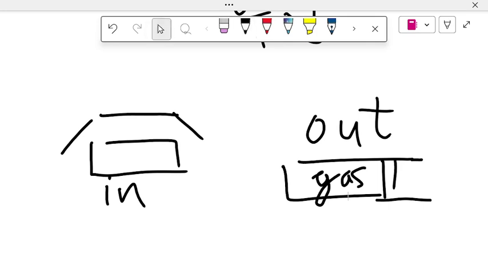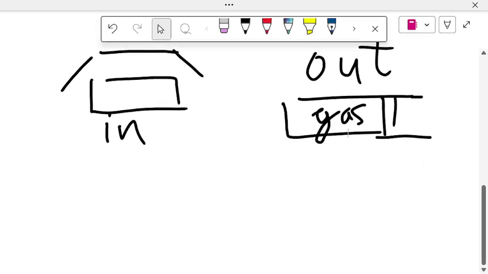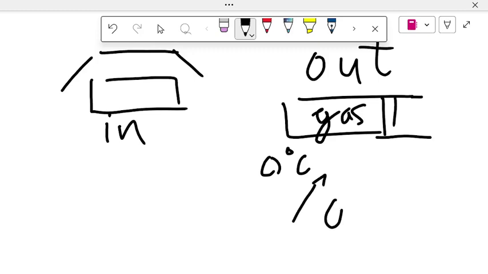In that situation, the gas, let's say, has 0 degrees Celsius, takes heat, let's say low heat, and increases temperature to 5 degrees Celsius.